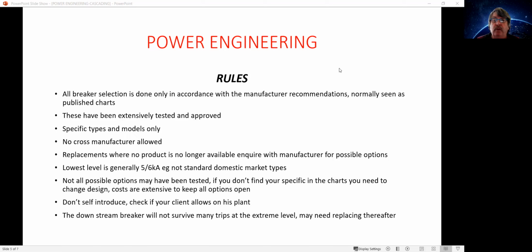When we have a look at this sort of approach, you may find that your particular approach is slightly different to what's given in the paperwork of the tests. From time to time, you may have a better idea of doing something and find that that option is not available in the charts. You can't just go back to the manufacturer and say, I'd like to do this, you need to test this. The tests are very expensive, time consuming, and every option generally has not been tested.